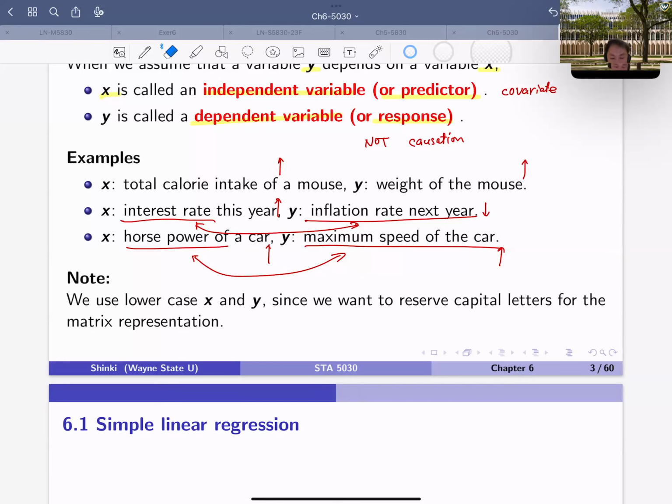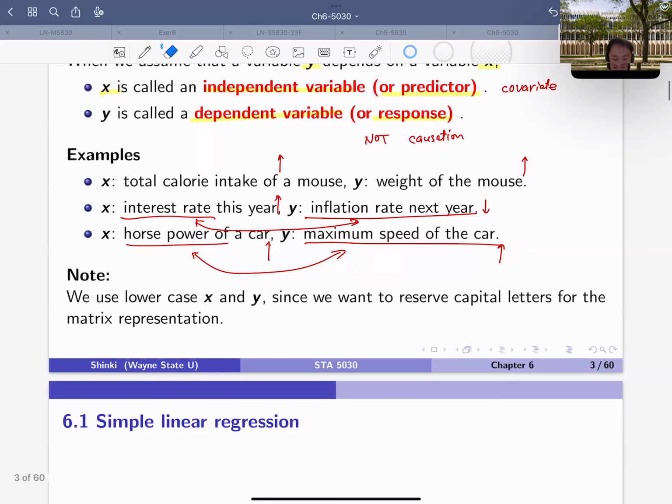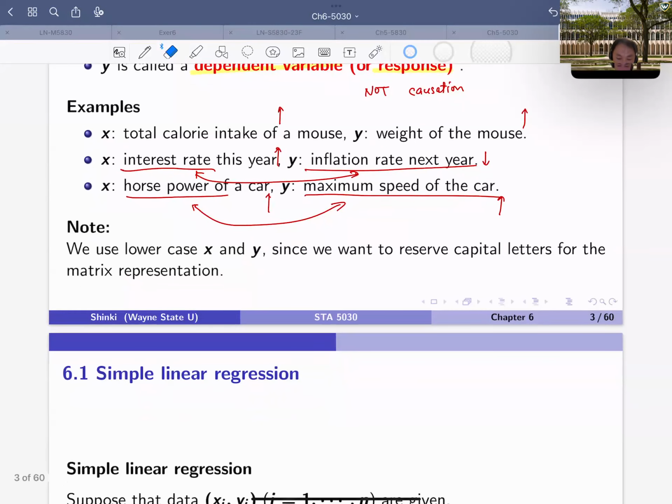Even with the time point, we can go back in time, and still it's possible that we can explain y by x. We don't really assume that x happens first and y happens later. The other way around is also possible. So it's not causation, just correlation.